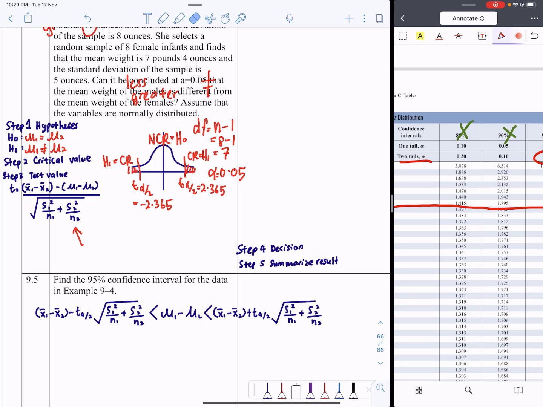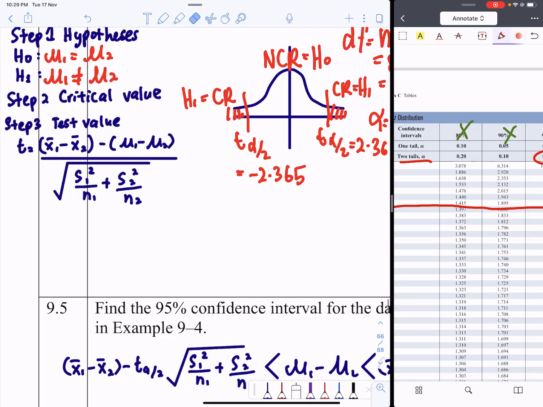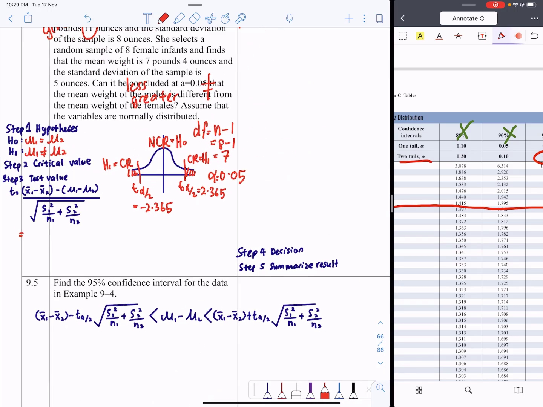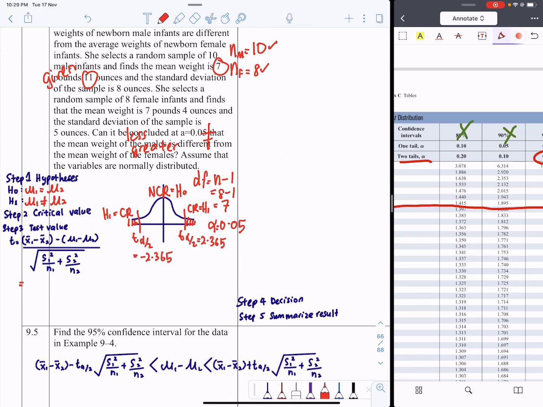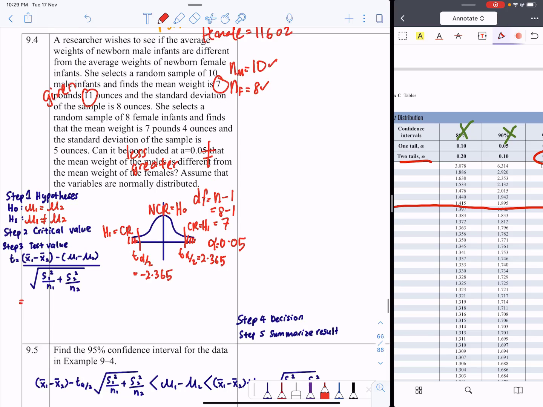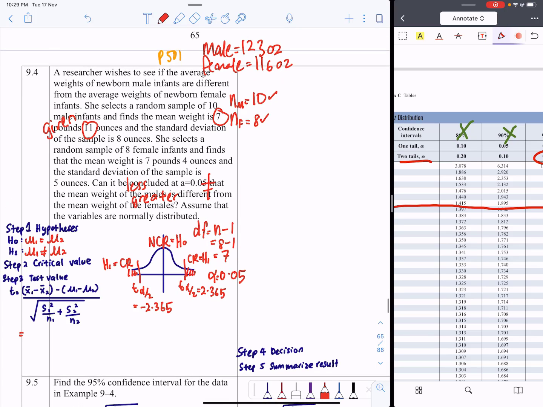Then we need to insert the values inside the t-test formula. We supposed to extract out all the information. However, it doesn't matter. Then we have mean 1 minus mean 2, which is 123 minus 116, dividing by the square root.